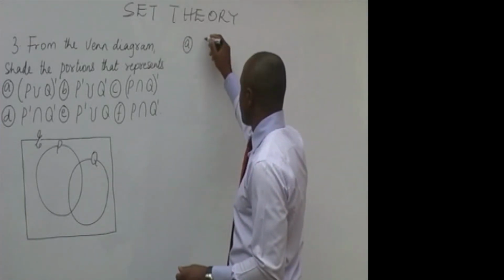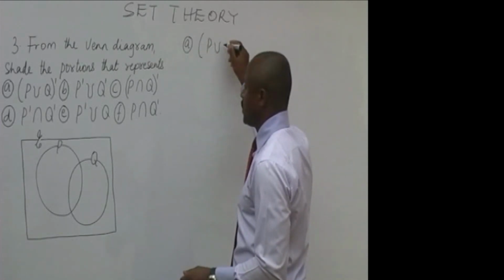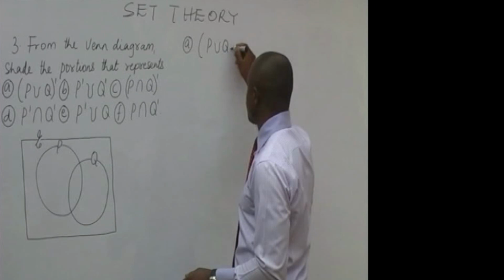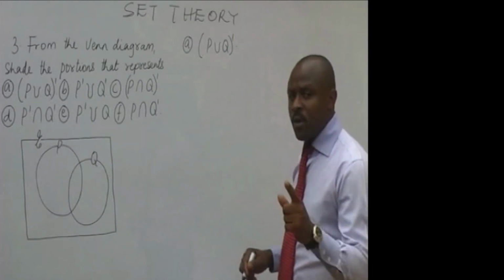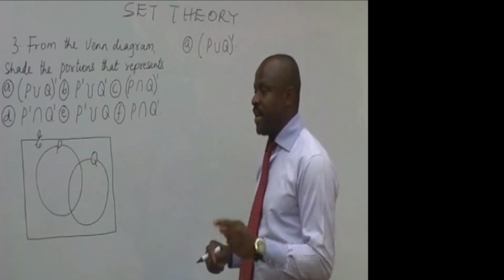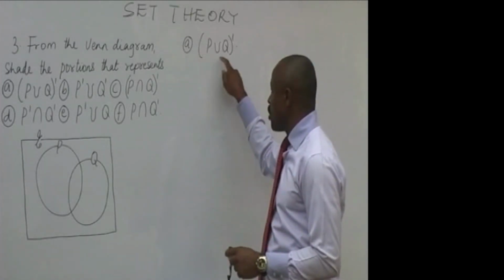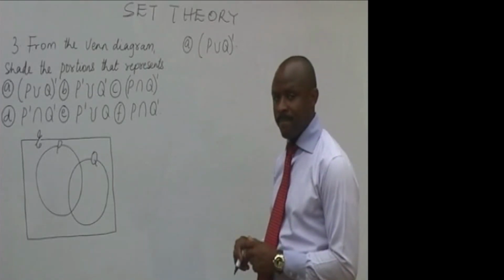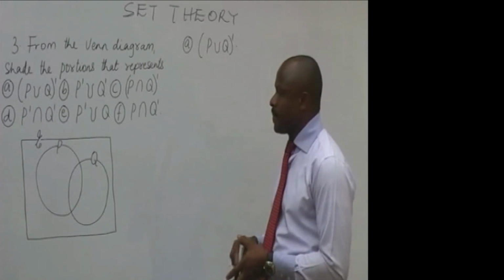We have P union Q prime. First of all, before you know what to shade, you have to work out this P union Q prime. How do you work it out?